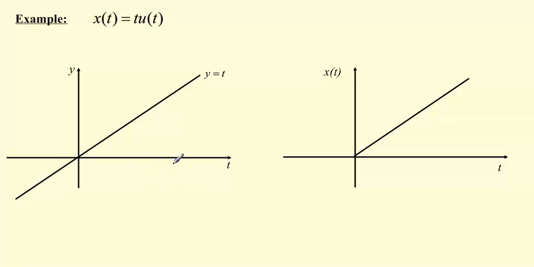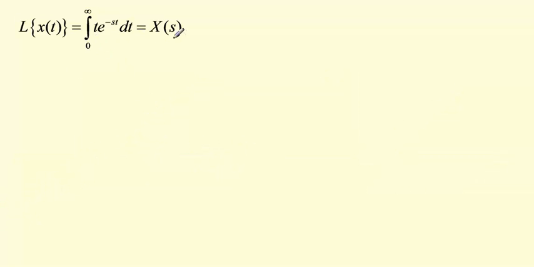Now to calculate the Laplace transform of that, we need the formula again. Then we put the t, u(t) is already 1, and that exponential function e to the power minus st, and that will take us to capital X(s), the frequency domain representation of the time function x(t).